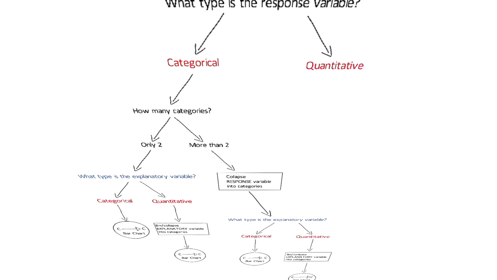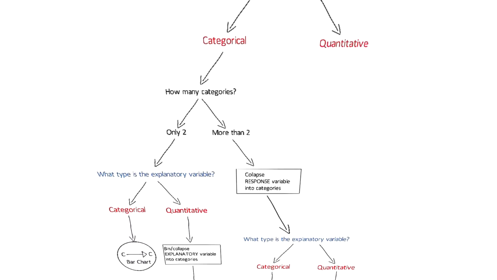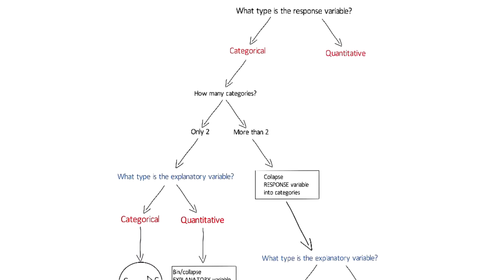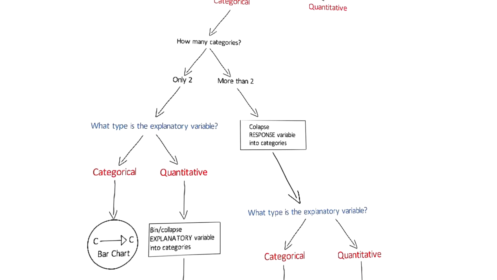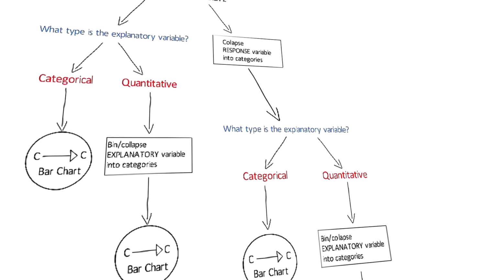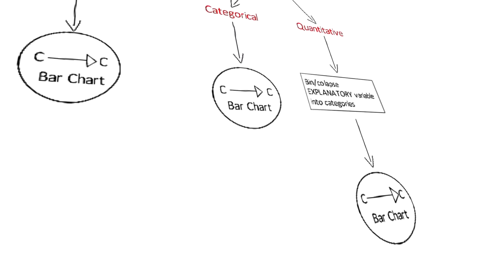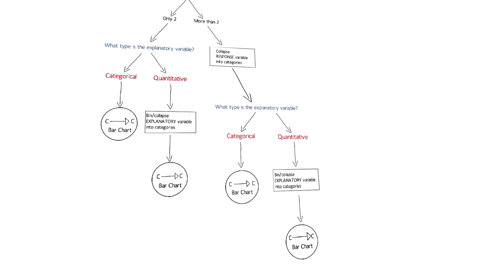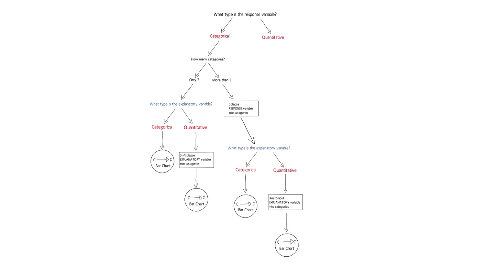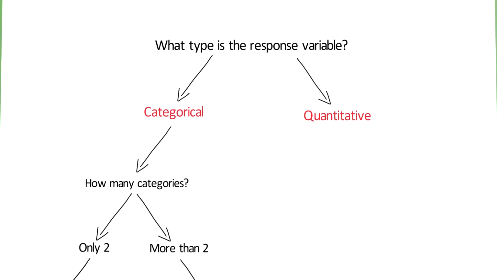From the 2 bivariate graphing examples that we've covered, we filled in the left side of our graphing decisions flowchart. Each example showed situations when our response variable was categorical. Let's talk now about the right side of our flowchart when the response variable is quantitative.